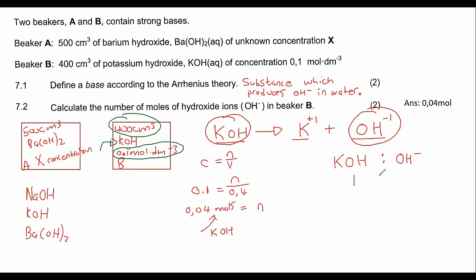So if the moles of potassium hydroxide is 0.04, then the moles of hydroxide is also going to be 0.04. So we can say, therefore, the moles of hydroxide will be equal to 0.04. But sometimes there will maybe be a 2 over here or a 3. Then you've got to be careful.